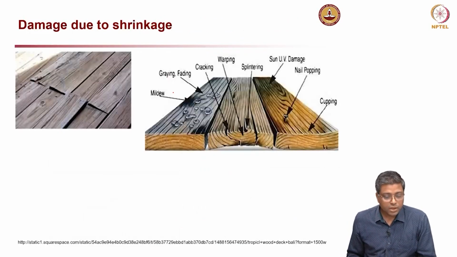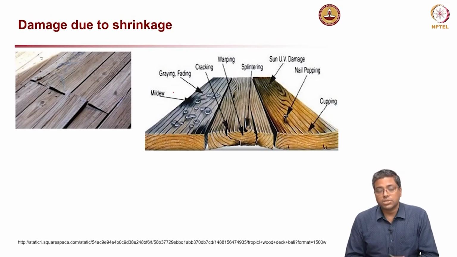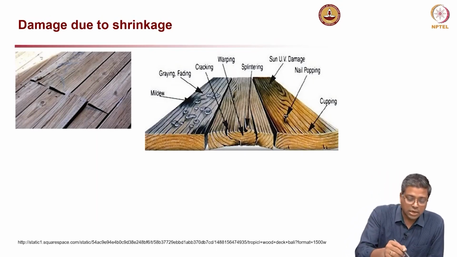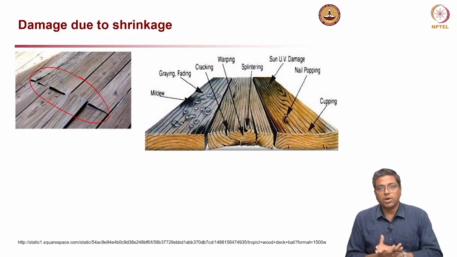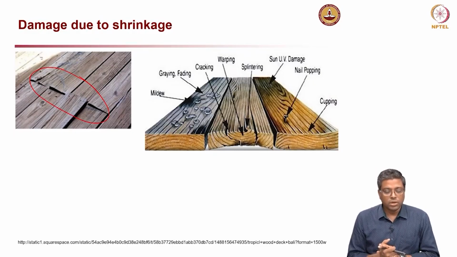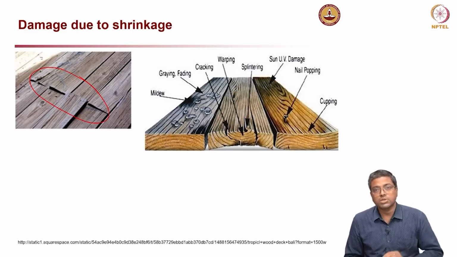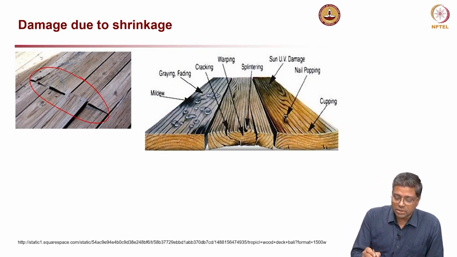Okay. Now, damage due to shrinkage. You can see here on the left image that there are pop outs. If you have ever been to places where timber is used for flooring, you will see these kinds of problems because of warping.